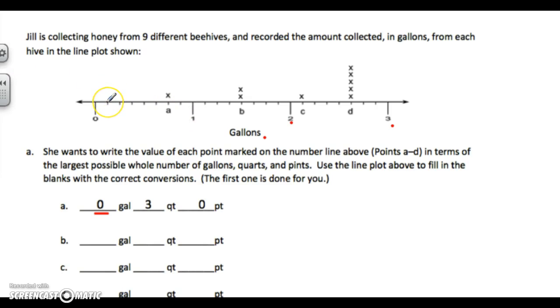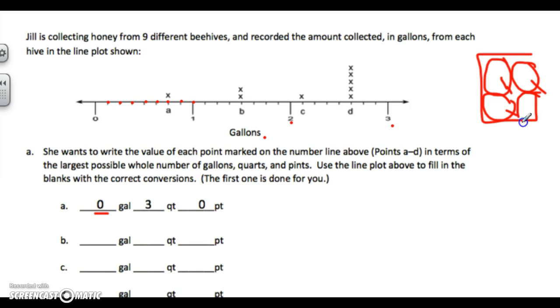So I can see these hash marks here. I'm going to mark them with my ruler. 1, 2, 3, 4, 5, 6, 7. And if I count the 1, which I should because that takes me all the way up, I get an 8. Well, I know if I draw my big G for gallon, inside my gallon there are 4 quarts.